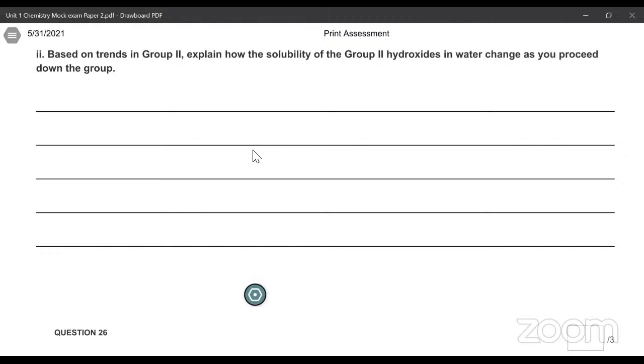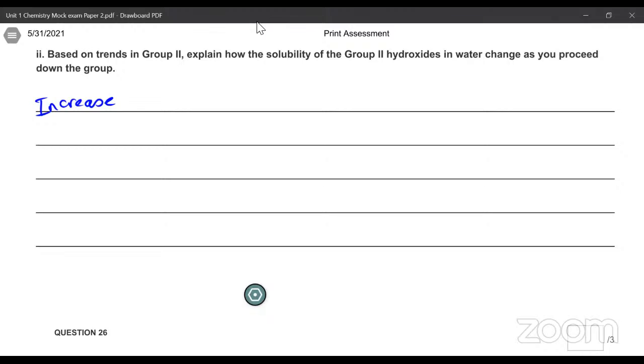Based on the trend in group 2, explain how the solubility of the group 2 hydroxides in water change as you proceed down the group. Now, the solubility of the hydroxides, they increase. Yes, they increase as you go down the group, right?